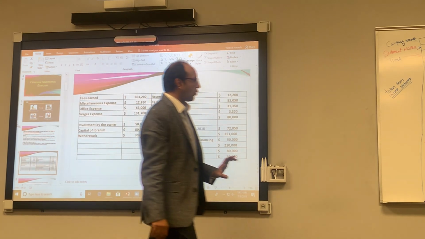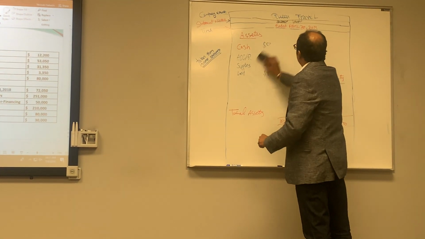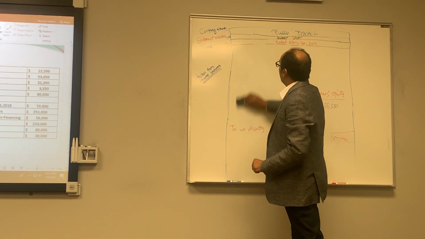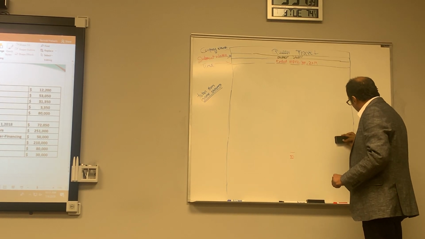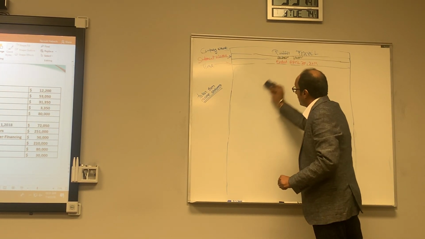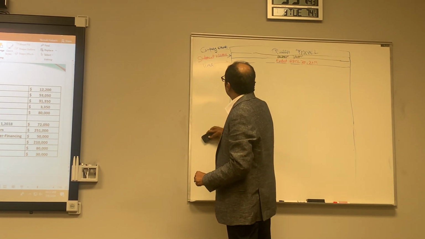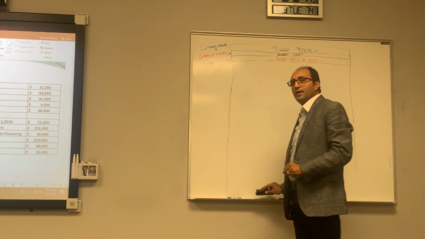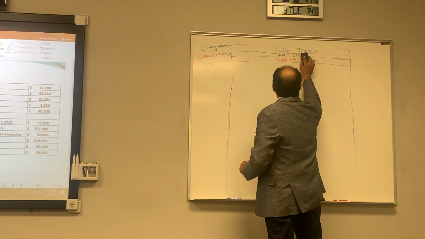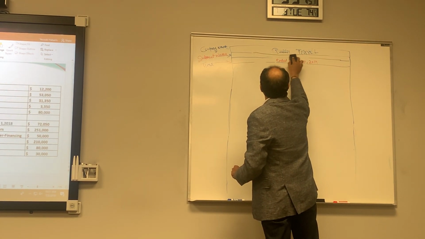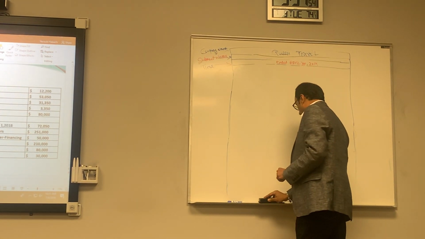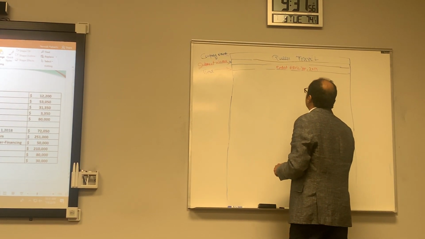So cash flow, as we know, consists of 3 sections. Who can tell me the sections? The first one, operating activities. Financing activities, second section?